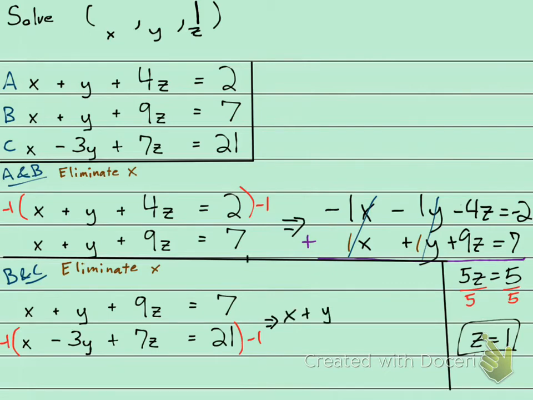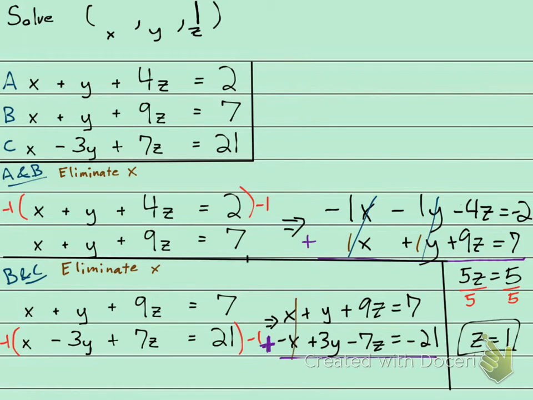My bottom equation now is negative x plus 3y minus 7z equals negative 21. Now I am ready to add these two together.